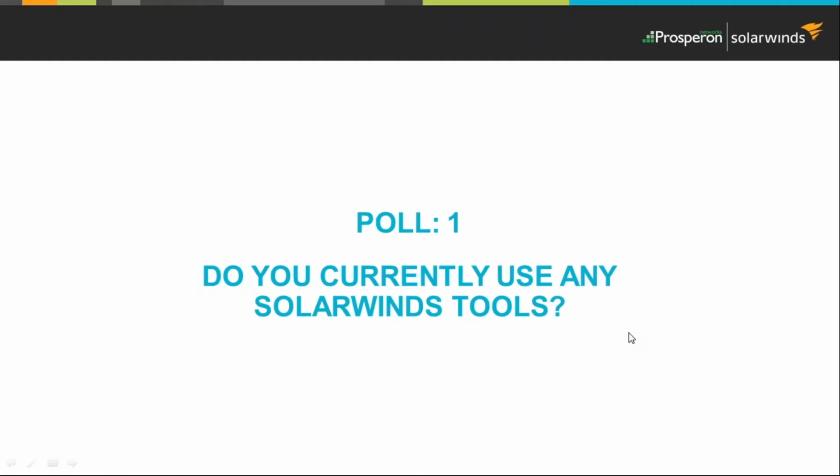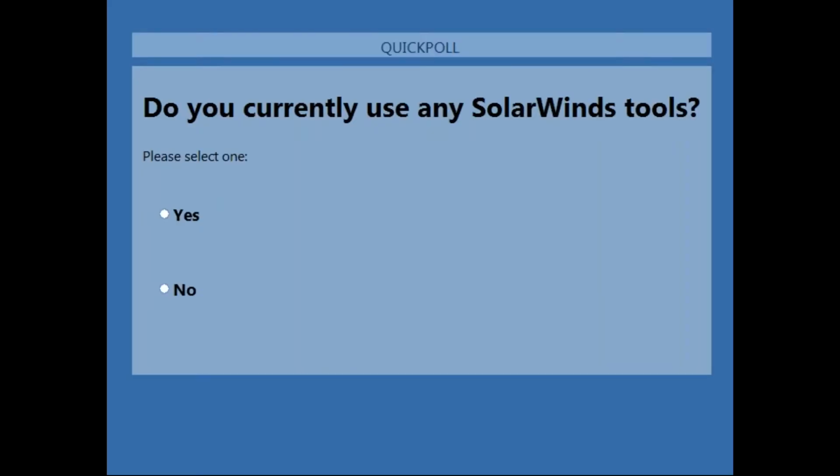And here comes the first poll. Let me see if I can launch it. This should be a fairly straightforward one. Do you currently use any of the SolarWinds tools that are available? This can be across the whole spectrum: Network Performance Monitor or any network-related products, anything related to systems that would include SAM, VMAN, Storage Resource Monitor, or DPA, absolutely, or even Web Help Desk and the sub-tools or the smaller tools.